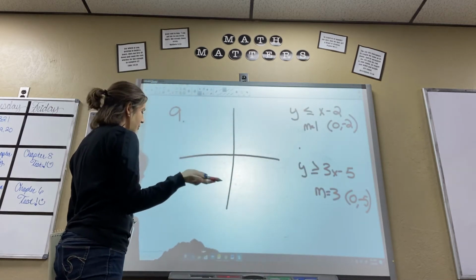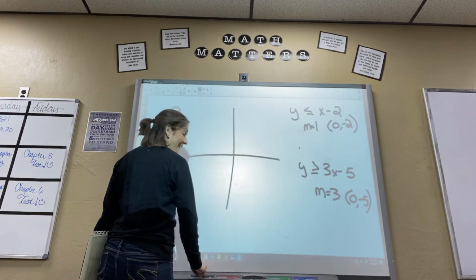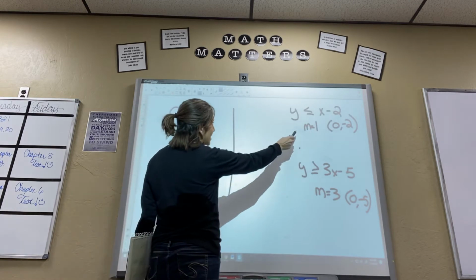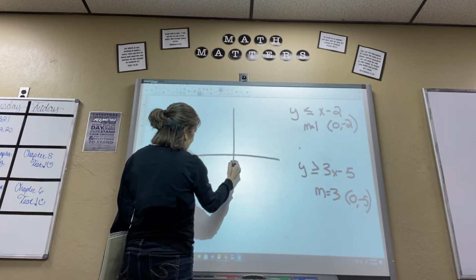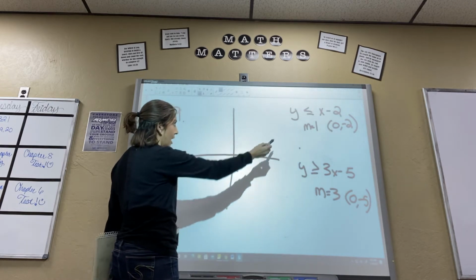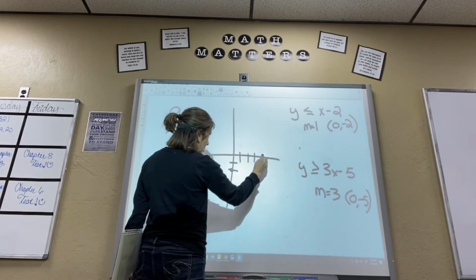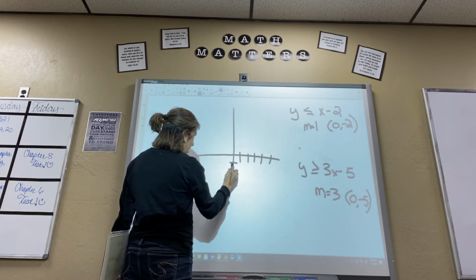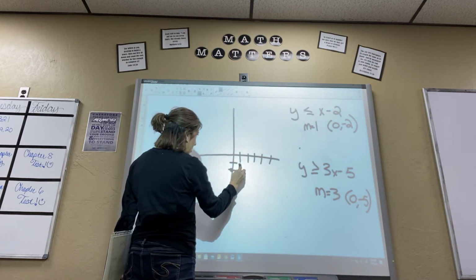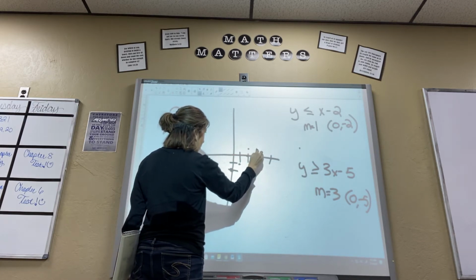So then we get to graph it. Isn't that fun? So then we start at 0, negative 2, right there. And the slope is 1, so it's up 1 over 1, up 1 over 1, up 1 over 1.